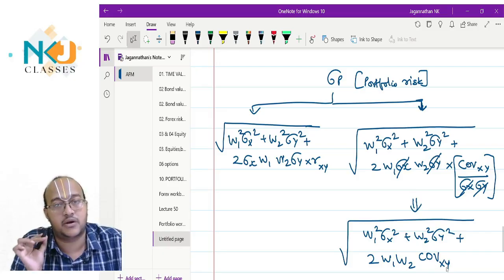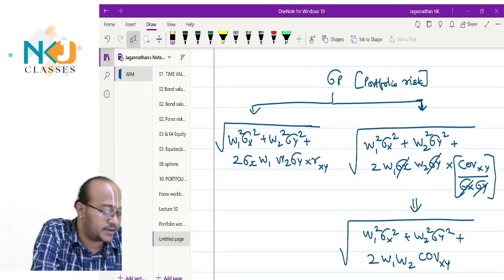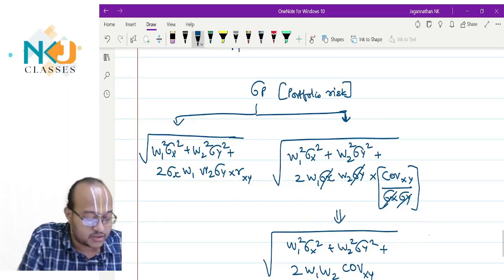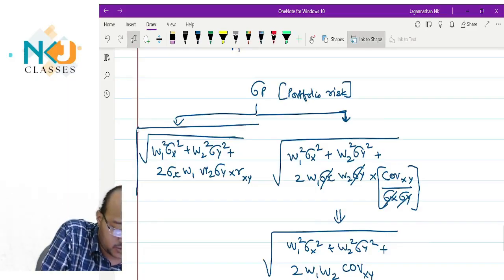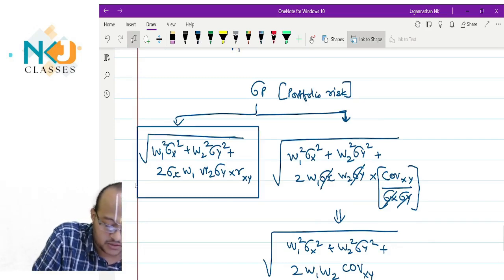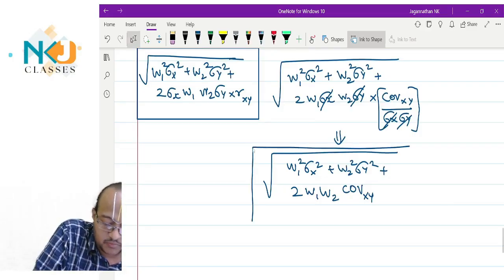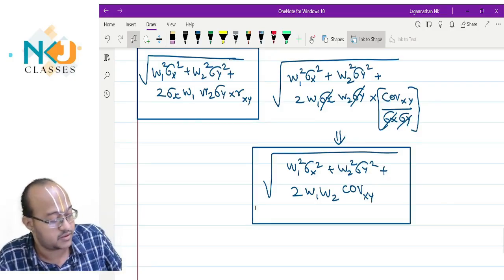That's it. Like this I can simplify and write it. Is this clear? This is one way of representing. This is another way of representing. Both ways you can come across in the module and all. Is this clear?